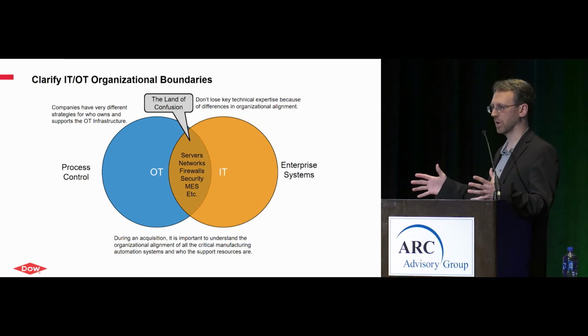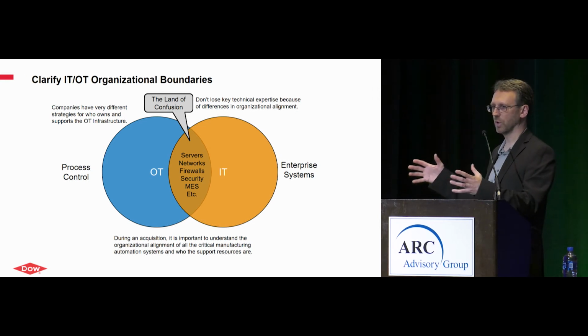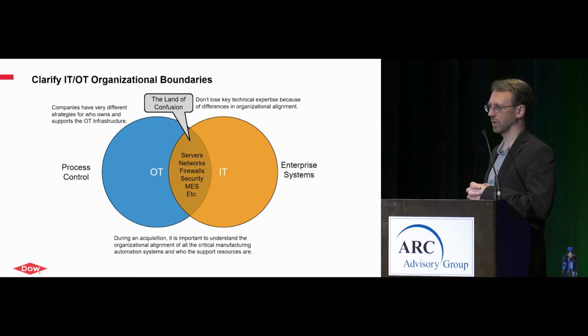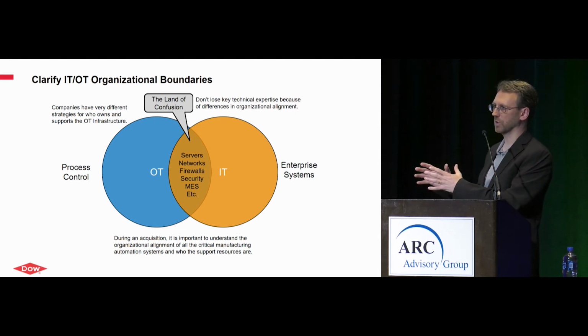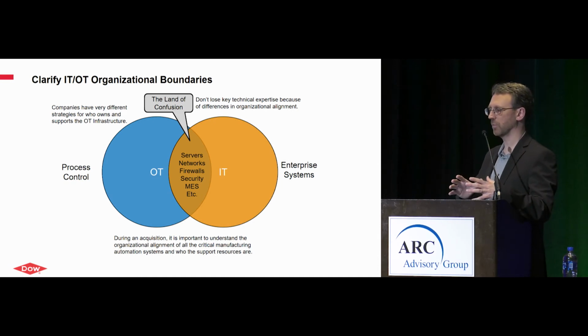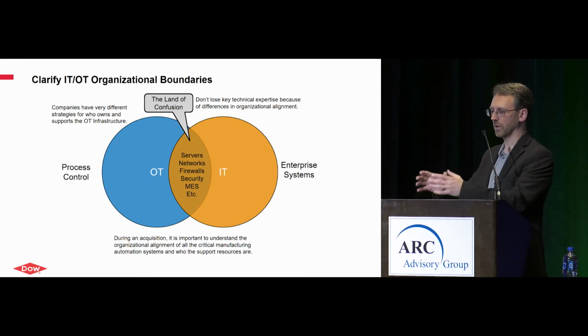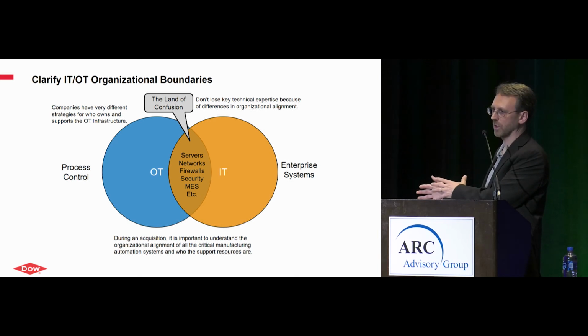And when it came time to figure out who has the skills to support what application, and who owns which application, and who owns the server stack, and who's going to support the server stack, those things really became complicated. And there were a lot of scenarios where servers in Dow's landscape would be supported by the IT organization, because they were sitting in a certain data center, but in Dow Corning's organization, it was supported by their manufacturing automation group.